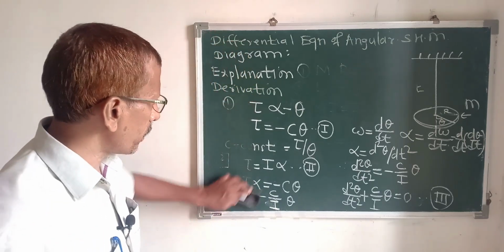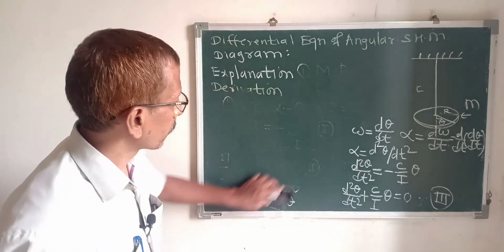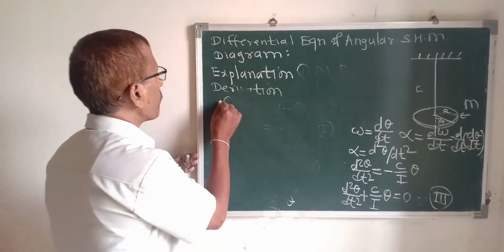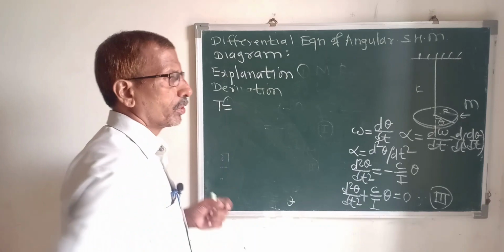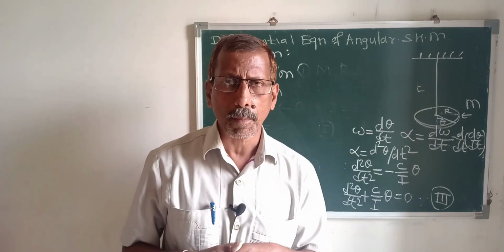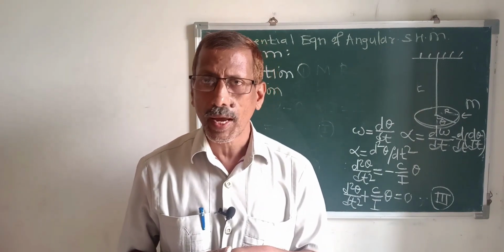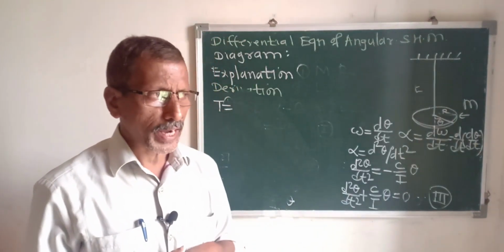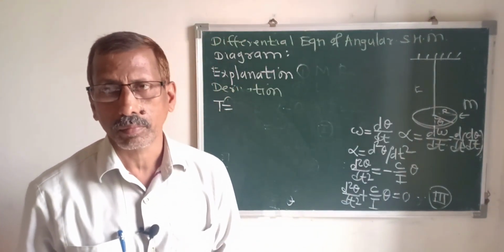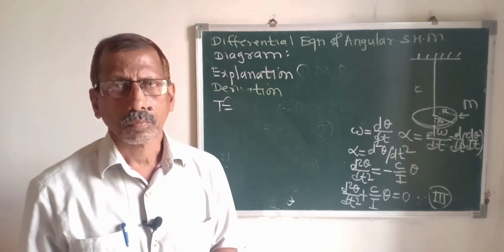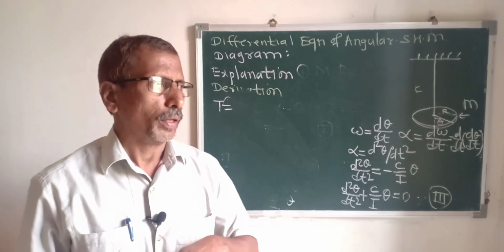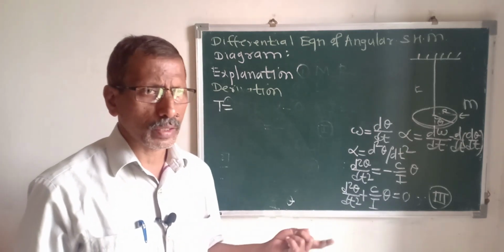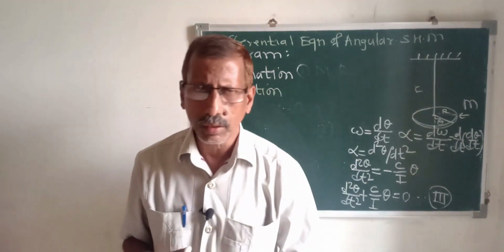Now we have to write what is the period of a torsional pendulum. You already studied the period of a simple pendulum. T is equal to 2 pi upon omega is equal to 2 pi upon the square root of linear acceleration per unit displacement. So use the analogy between linear motion and rotational motion.